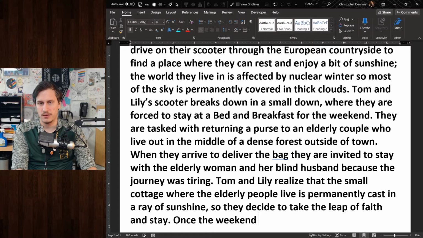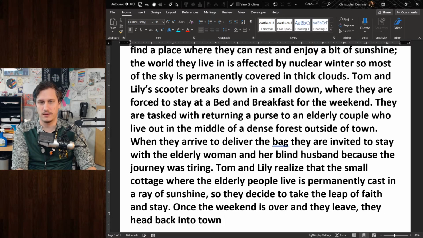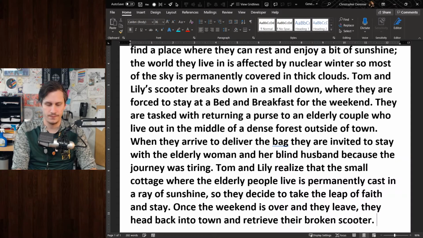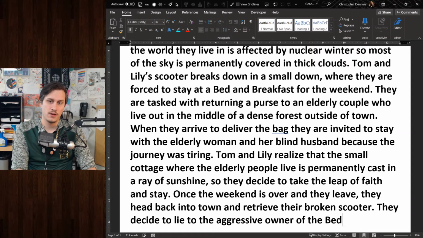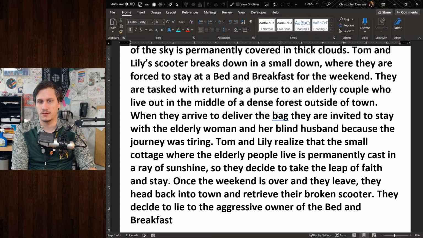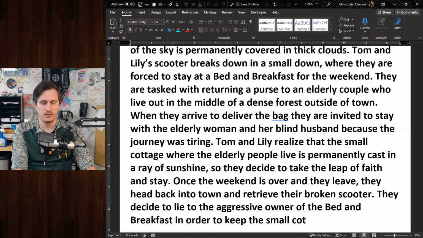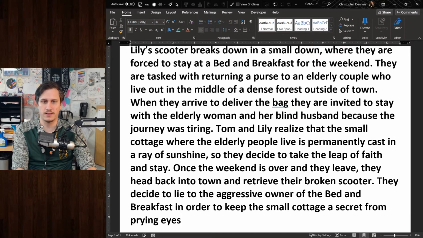Once the weekend is over and they leave, they head back into town and retrieve their broken scooter. They decide to lie to the aggressive owner of the bed and breakfast in order to keep the small cottage a secret from prying eyes.